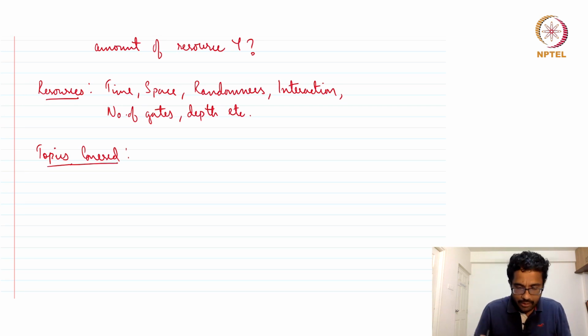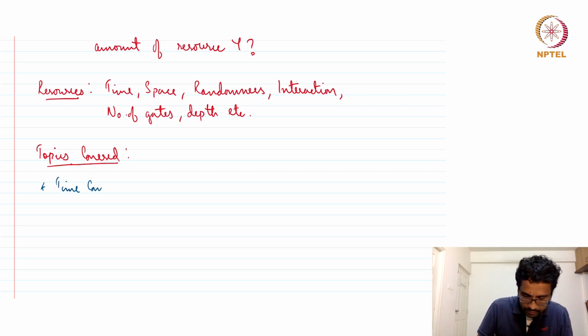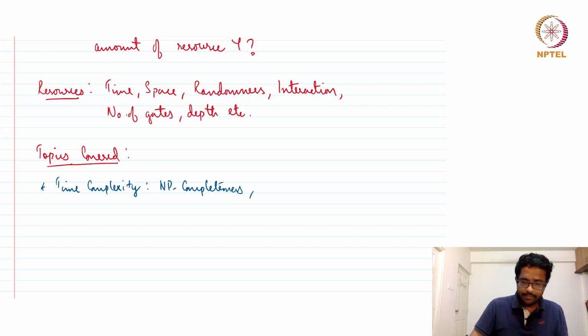So let me just try to list down what all we have seen during the course. On the topics covered, we started with time complexity, where we saw things like NP-completeness, the Cook-Levin theorem, and the polynomial hierarchy. Then we saw space complexity.